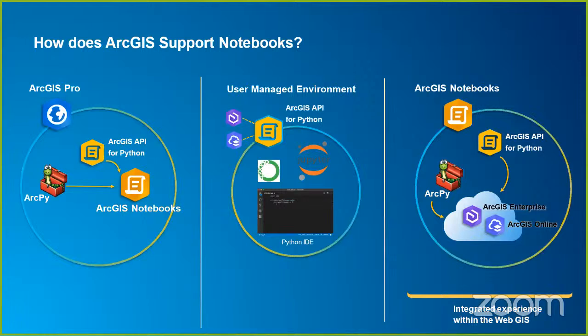And how does ArcGIS support notebooks? When you look at this graphic on the slide, you can actually see that the ArcGIS API for Python is a built-in component that now supports you when you're working on ArcGIS Pro, which is our desktop software, in a user-managed environment, when you're using ArcGIS Enterprise and ArcGIS Online.